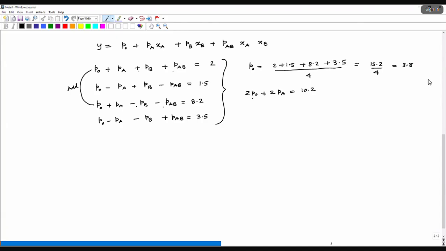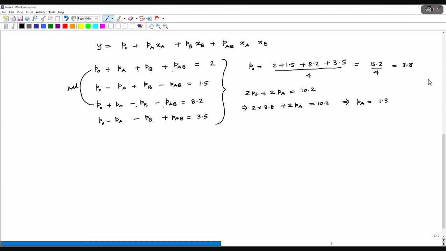Right? Already you know P naught. So that is 2 into 3.8 plus 2PA is 10.2. So from here you can find PA is basically 1.3. Okay, so this is 7.6, 10.2 minus 7.6 is basically 2.6, and divided by 2 will give you 1.3.